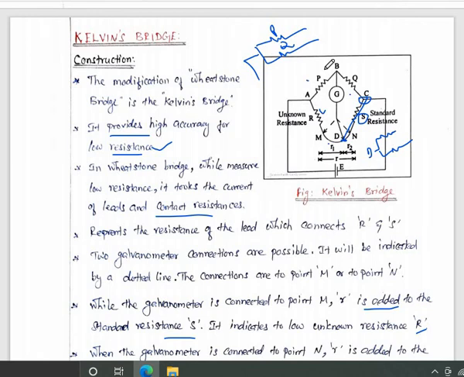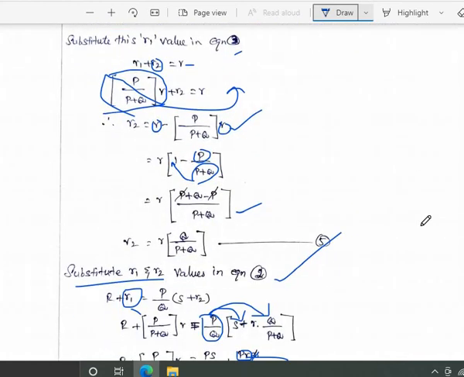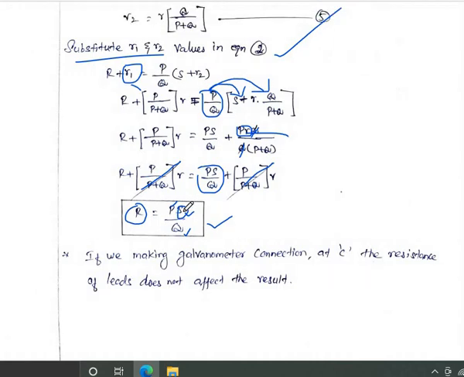We have to consider P and Q, because S is not available here, as it will not add to the circuit. So R equals P by Q. So we find the value of unknown resistance, because it is a huge value, maybe the resistance is huge.